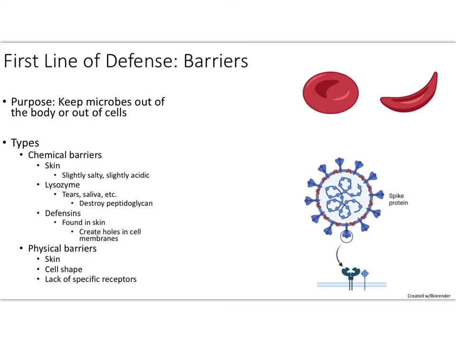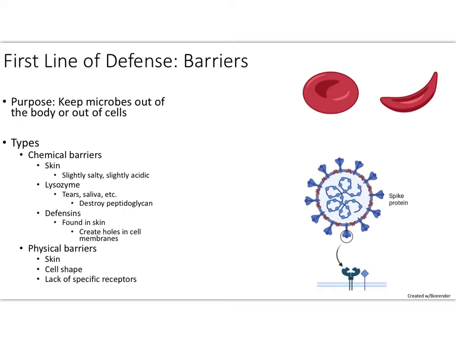And especially for everything except viruses, that cell membrane is really what is keeping them alive. So if you destroy the cell membrane, everything that is outside the cell comes in, and everything that is inside the cell goes out, and you start to destroy the organism that has this hole in their cell membrane.